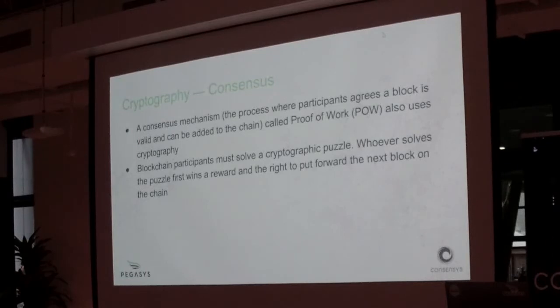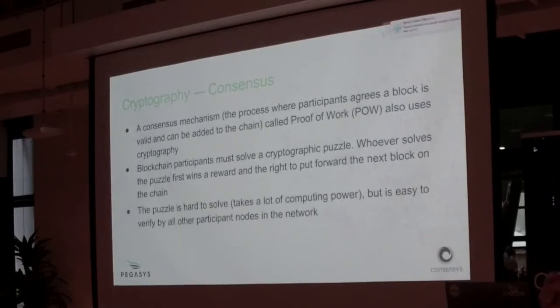In proof of work, the participants need to solve a cryptographic puzzle. Whoever solves it first wins a reward and is allowed to submit that block onto the chain.